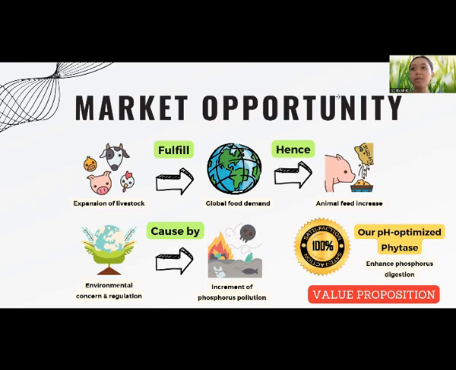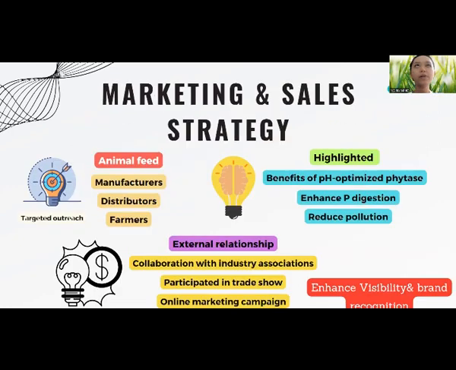And from this problem statement, we created our own pH optimized phytase that can enhance phosphorus digestion. Indirectly, it can also save our environment and fulfill some sustainable developmental goals. I will introduce our marketing and sales strategy.